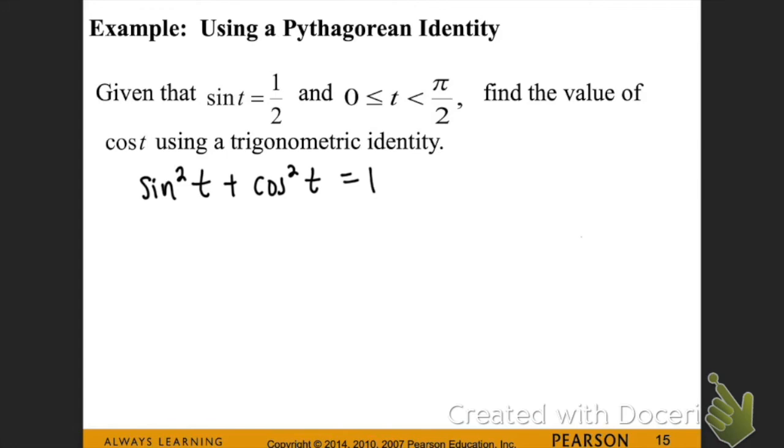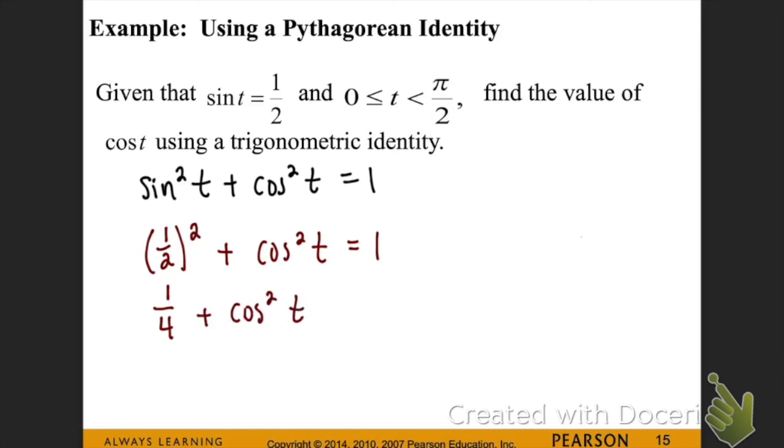So I'm going to replace sine squared of t with 1/2 squared. 1/2 times 1/2, or 1 squared and 2 squared, is 1/4. And then I can subtract over 1/4.